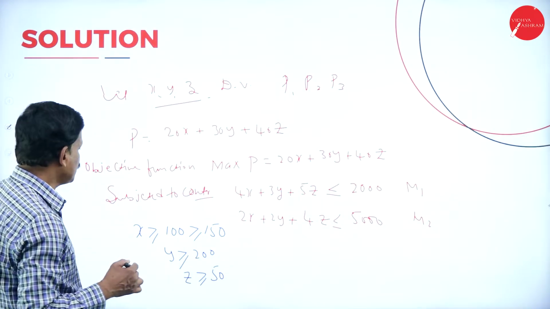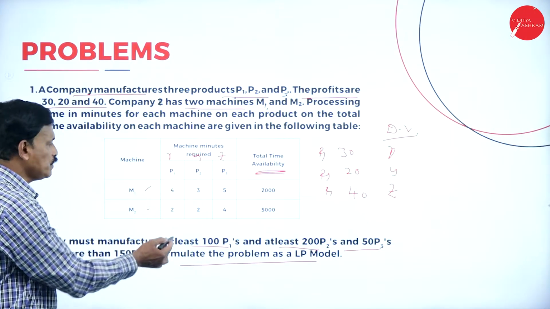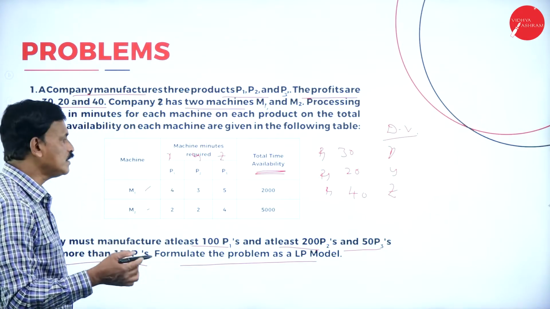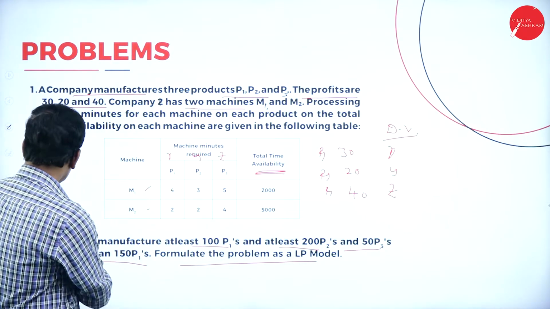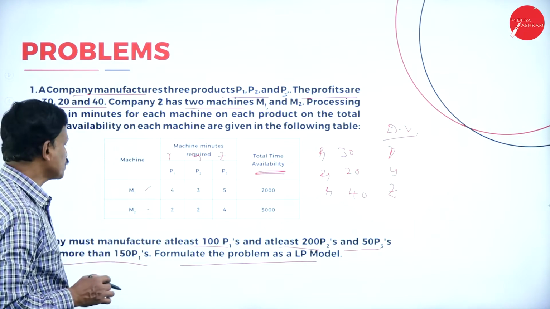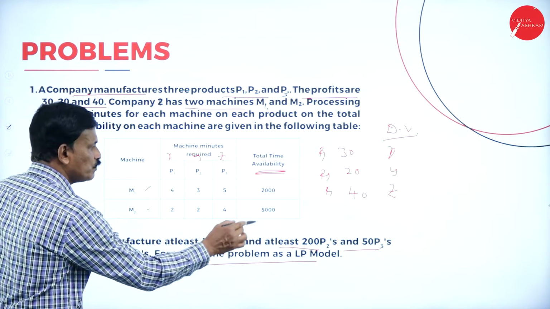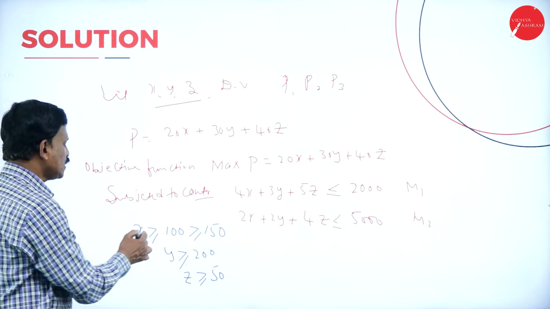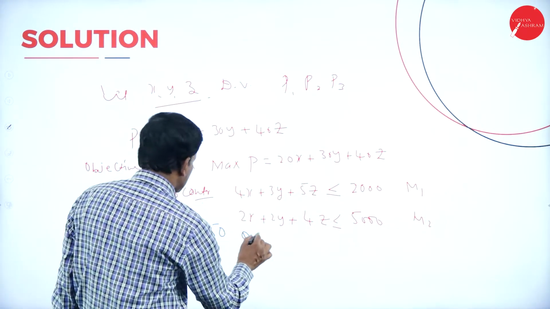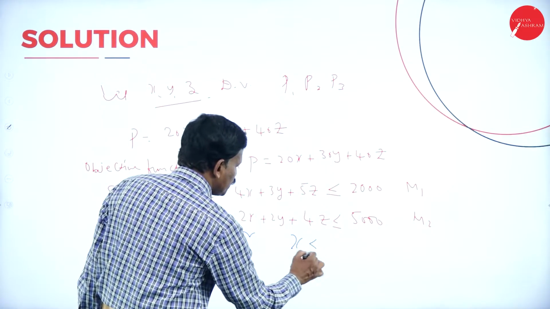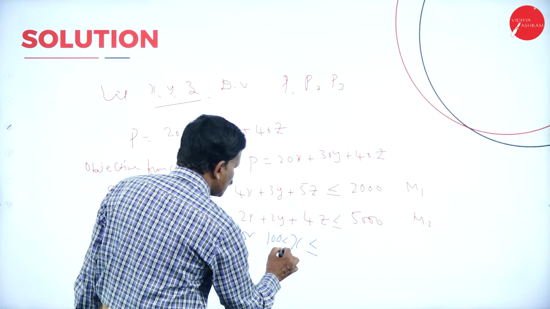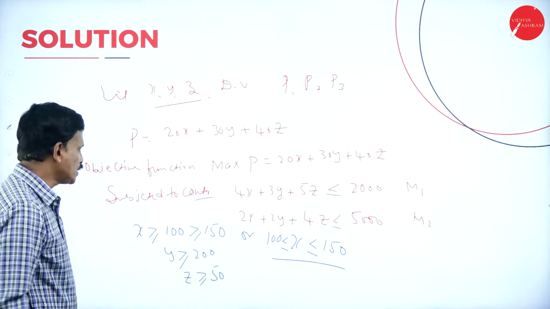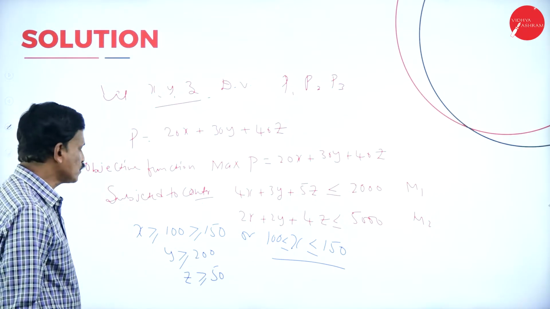And further, what is the condition given? The company manufactures at least 100 P1, at least 200 P2 and 50 P3, but not more than 150 P1. That is given by x greater than or equal to 100, or this can also be written as 100 less than or equal to x less than or equal to 150, y greater than or equal to 200, and z greater than or equal to 50.